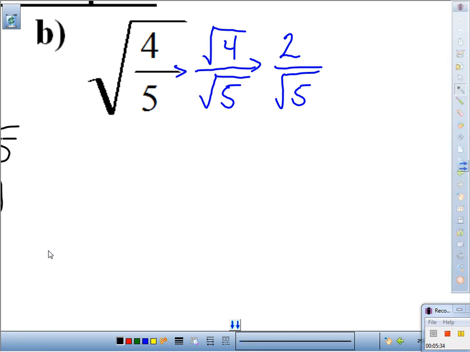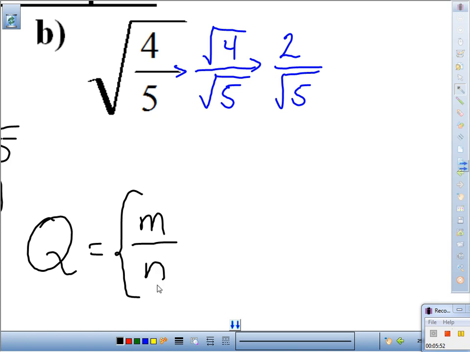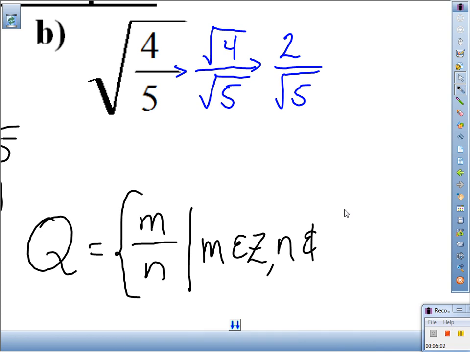I said, there's a definition for fractions that starts with the letter Q. The letter Q stands for quotient, which is division, also known as rational numbers. Rational numbers is the set of all fractions that look like this, m over n, such that m is an integer, n is an integer.